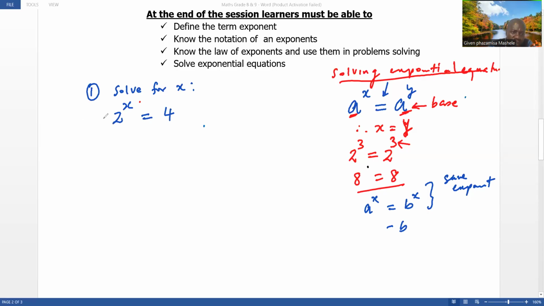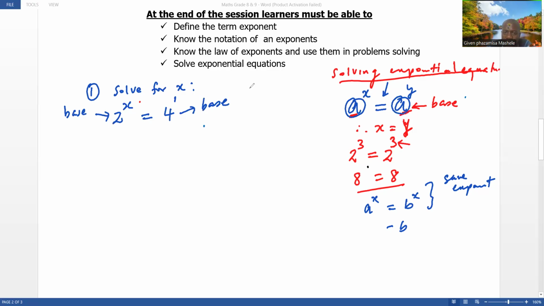First of all, we need to look at the base. What is the base here? The base is 2. Here, this is also a base, but its exponent is 1. But the law says for you to solve this, you must ensure that the bases are the same.